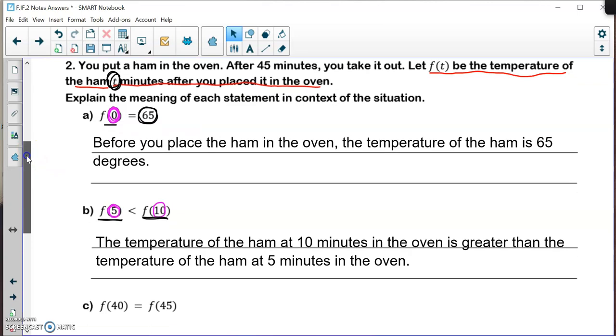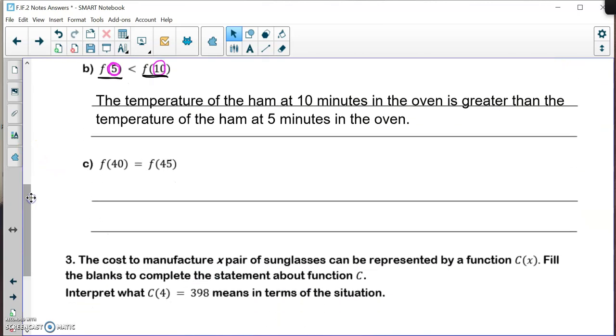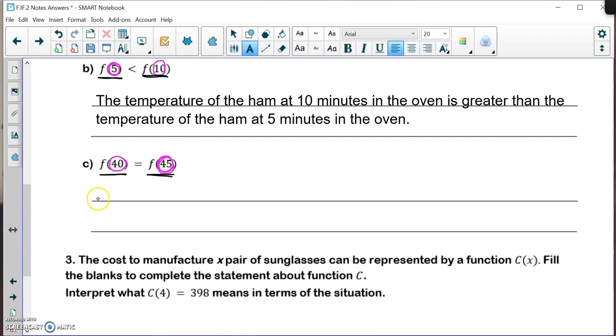Now letter C says F of 40, which the 40 would represent that it's 40 minutes in the oven. So this F of 40 means the temperature of the ham after it's been in the oven for 40 minutes is equal to F of 45. So this time the ham is in the oven for 45 minutes, and F of 45 represents the temperature of the ham after it's been in the oven for 45 minutes.